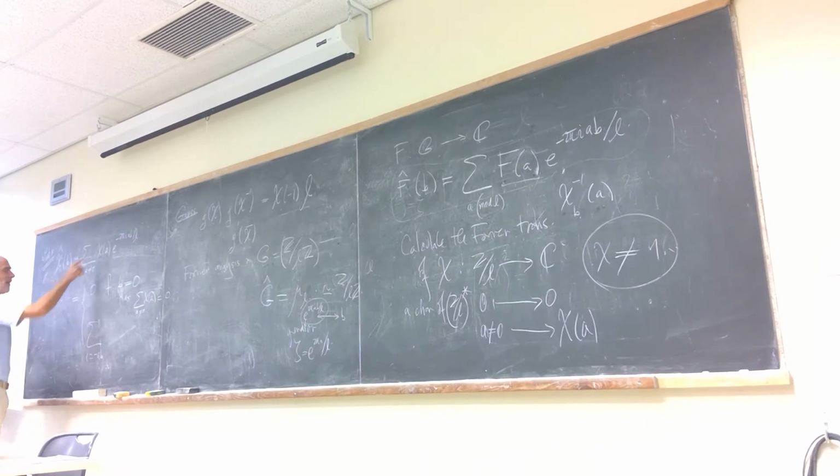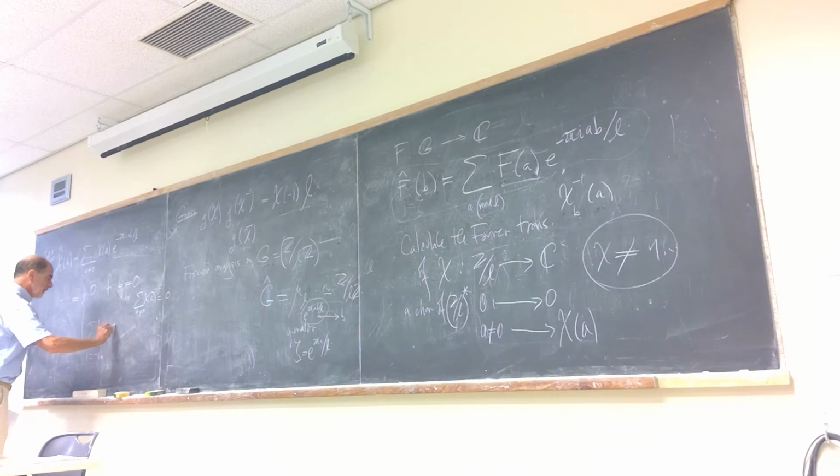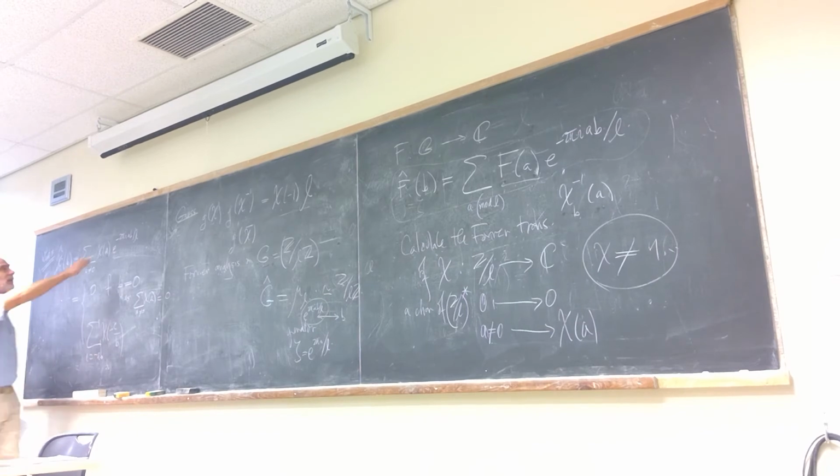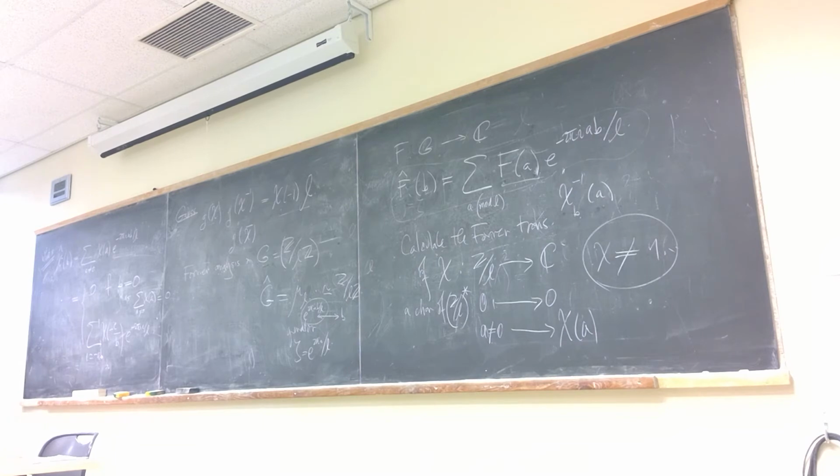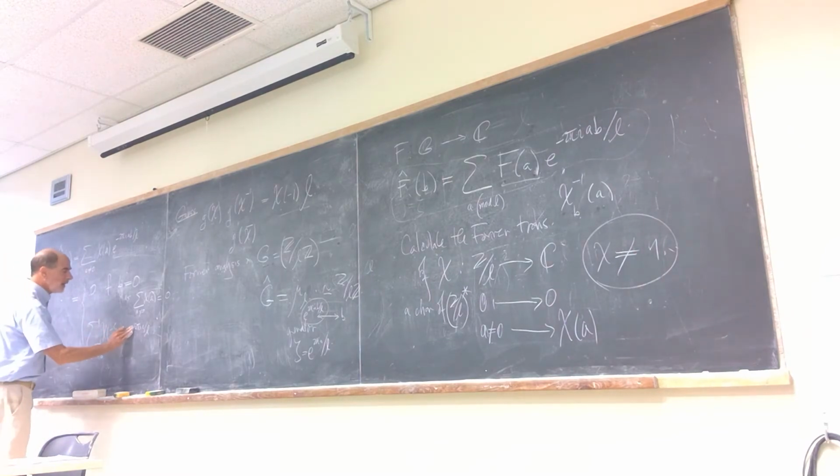Then chi of A becomes chi of minus C over B, because A is minus C over B. And since this is minus AB, that's e to the 2 pi I C over L. It should be just 2 pi C, because I have this negative AB. Thanks, 2 pi I C, thank you.